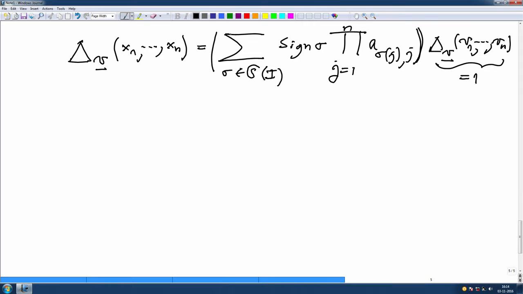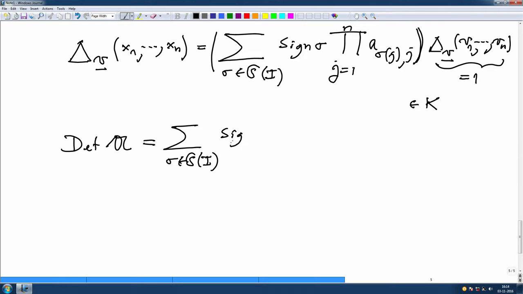So it is this quantity, and this is a constant, because it is a linear form, so the values are constants, values are scalars. This quantity has importance, and I will call it the determinant of the coefficient matrix. The determinant of A will be this quantity, summation over sigma in Sn of sign sigma, product j from 1 to n of A sigma(j),j, which is a scalar.